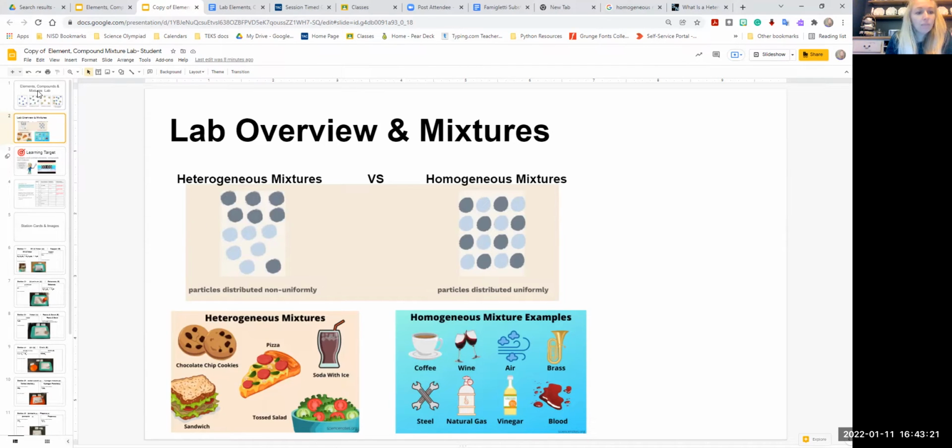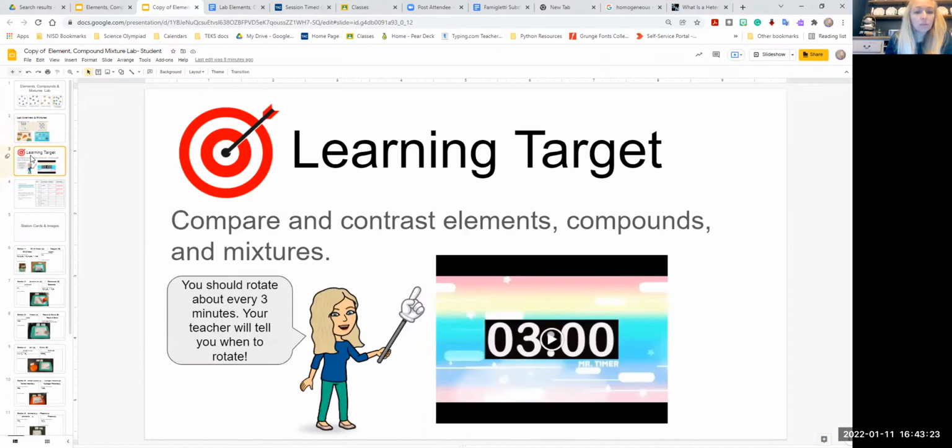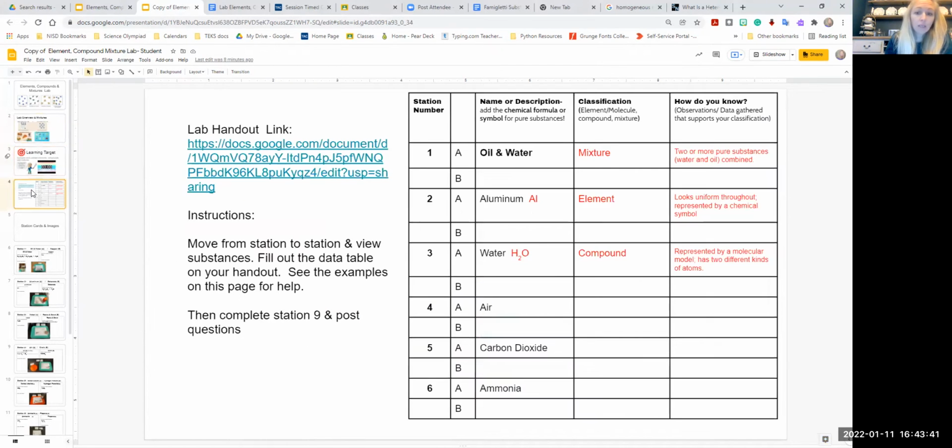As you go through your stations, you're going to have about 3 minutes at your station. Your teacher is probably not going to have access to this timer, so she'll probably just set a timer on her watch or phone or something like that. This is the data table you'll be filling out.